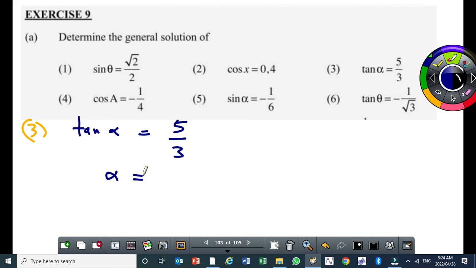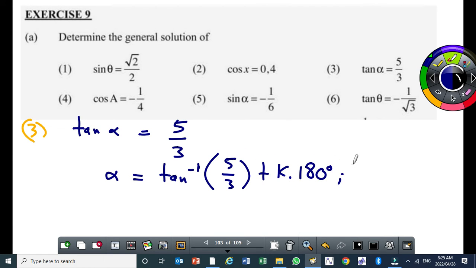The graph of tan is a periodic graph as well, so we add k times 180. So this will be shift tan of 5 over 3 plus k times 180 degrees, where k is an integer.